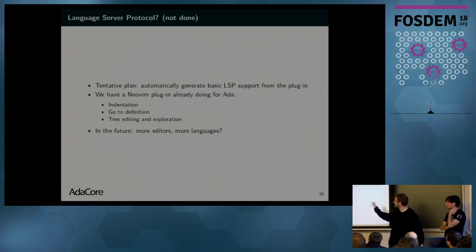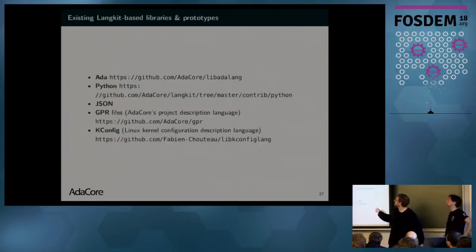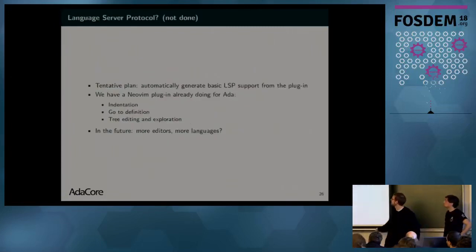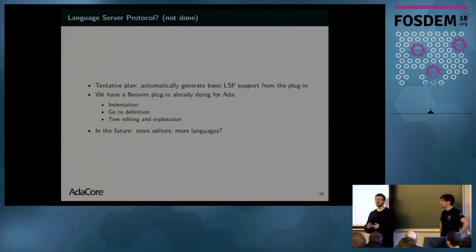So for the moment, this is not done at all. It's just a dream. But we have a prototype for it, which is just an Emacs or Vim plugin, and that already does quite a lot of stuff like indentation, go-to definition for Ada, and it does a subset of that for Python too, because we have a Python frontend.